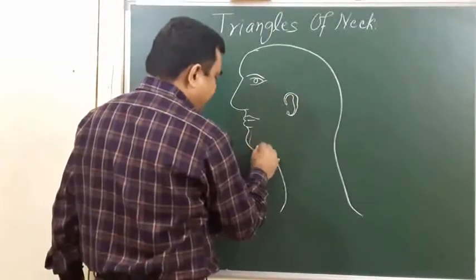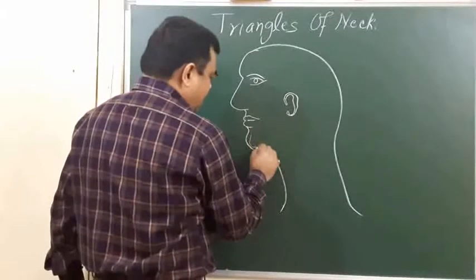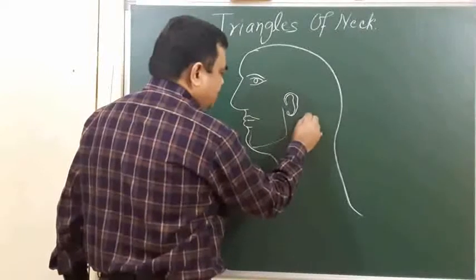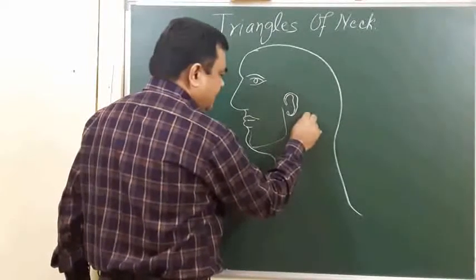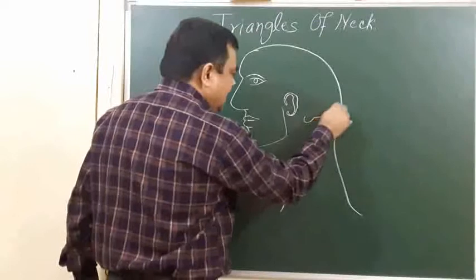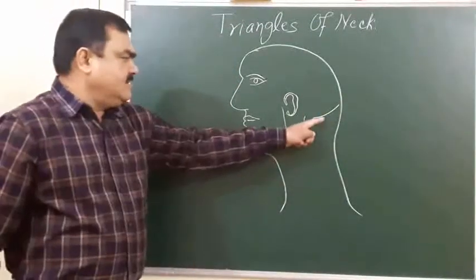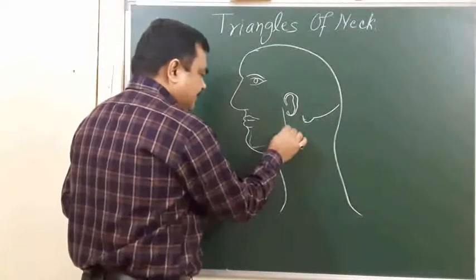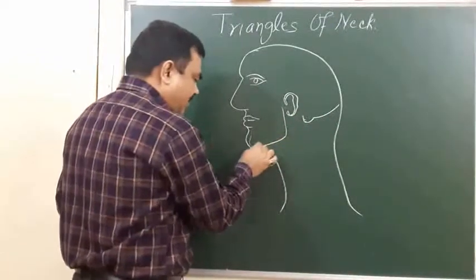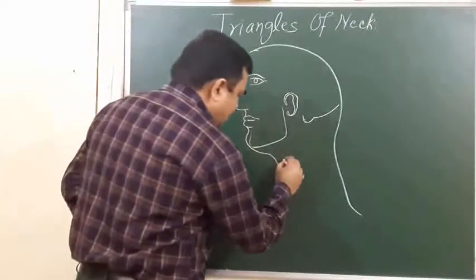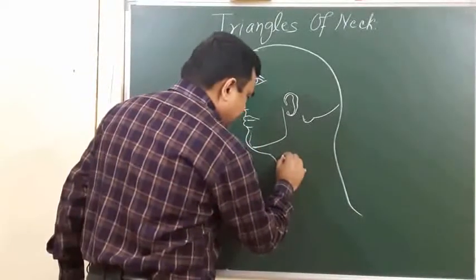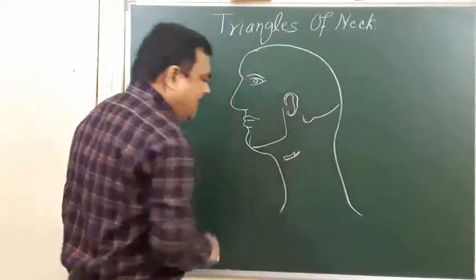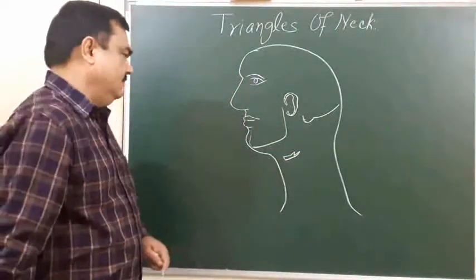In this diagram, you can see here is the position of the mandible, here is the position of the mastoid process, this is the external occipital protuberance, this is the level of the mastoid process, this is the level of the mandible. Here is the position of the hyoid bone.